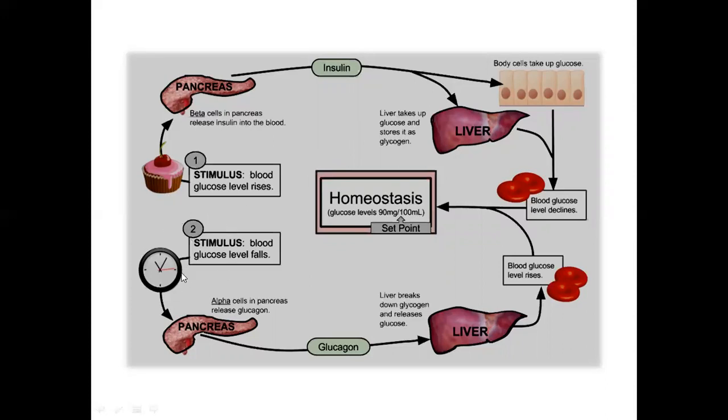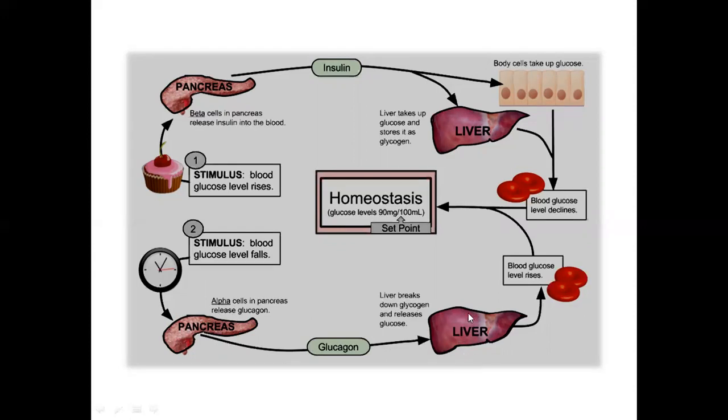And the second condition: if you didn't have your breakfast in time or if you're fasting, then obviously the blood glucose level falls. Then the pancreas signals the alpha cells, which in turn release glucagon. This glucagon released by the alpha cells of the pancreas goes to the liver and signals the liver, and the liver, on receiving the signal from glucagon, releases the glycogen, that is nothing but the stored glucose.